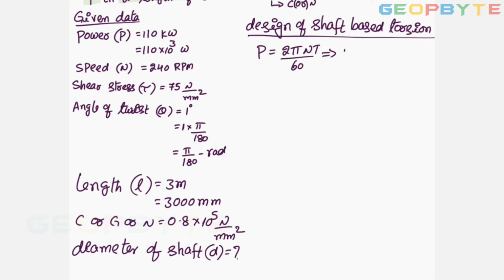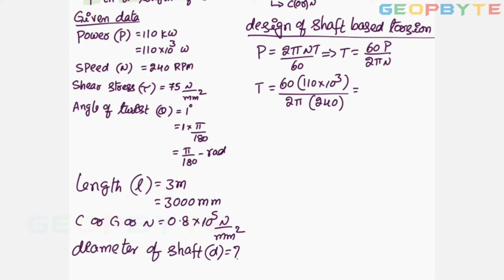From this, torque T equal to 60 P by 2 pi N. T equal to 60 into power 110 into 10 power 3 divided by 2 into pi into 240.